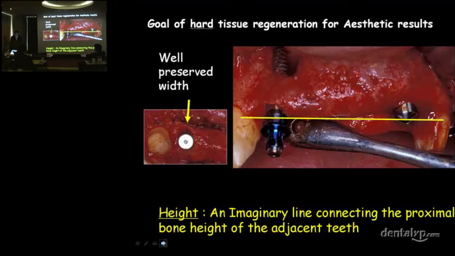This imaginary line is a level which we evaluated in the diagnostic phase. The goal of hard tissue regeneration is to obtain enough bone height in order to support the papillae around implants. This is not the same as the height required for simply placing the implants.